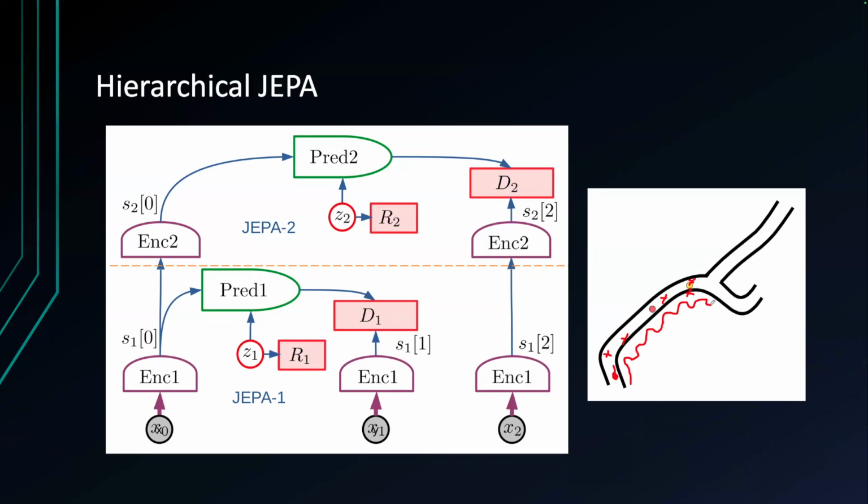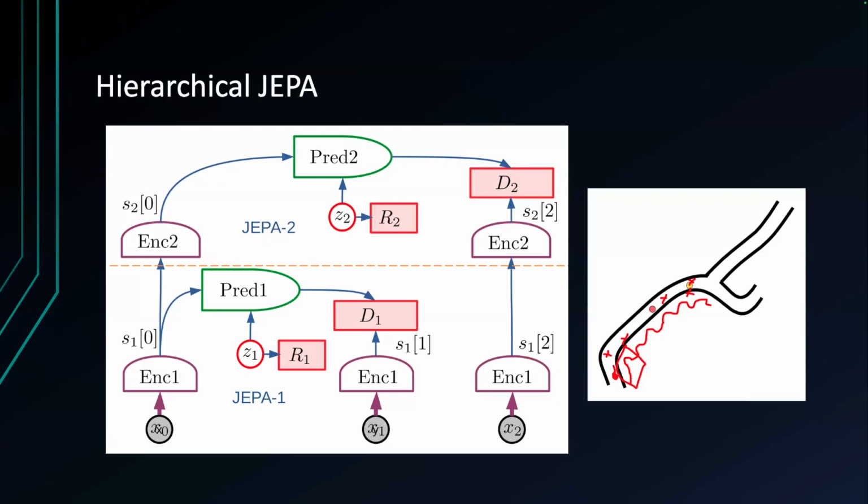So when you have a hierarchical model like this, what you can do is have a JEPA on the lower side, which can give you a representation for just this part that is more granular in nature, because you are adding that predictor network and everything on the initial few layers of the X encoder.